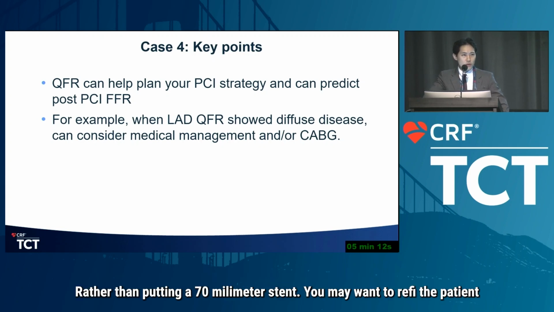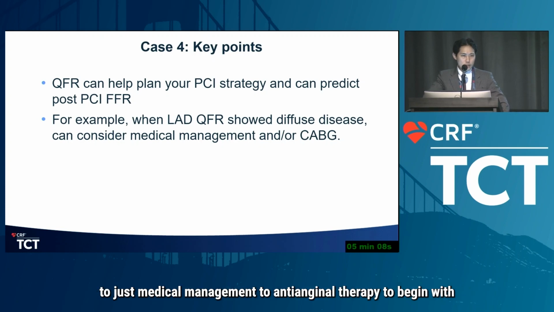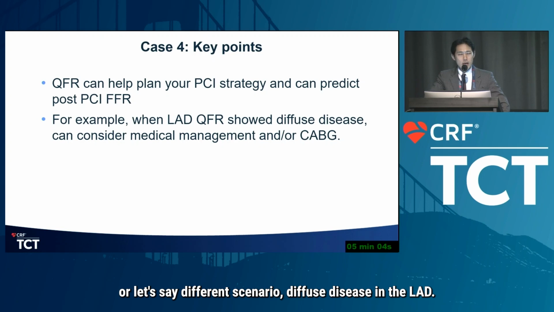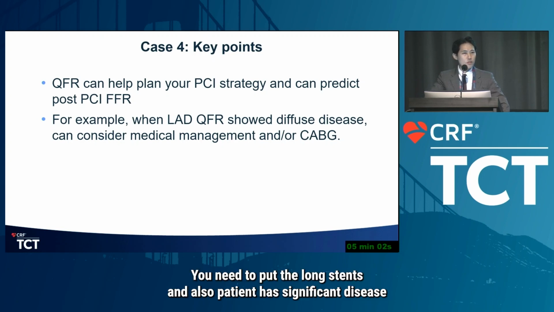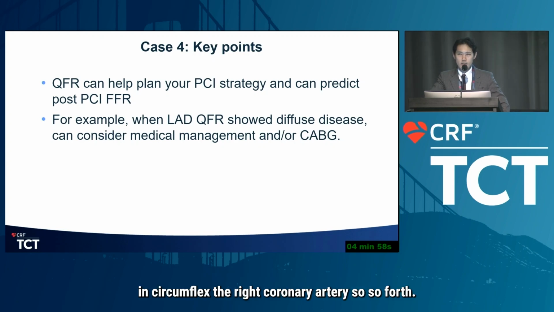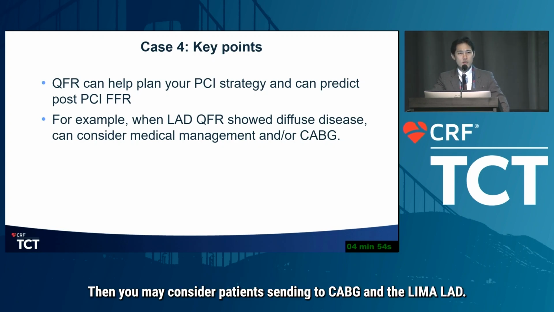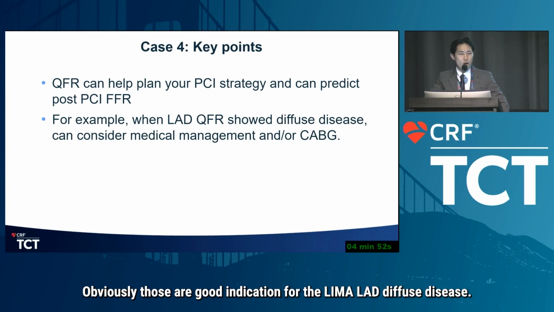Rather than putting a 70mm stent, you may want to refer the patient to just medical management, anti-angina therapy to begin with. Or let's say a different scenario: diffuse disease in the LAD, you need to put a long stent, and the patient also has significant disease in the circumflex, the right coronary artery, and so on and so forth. Then you may consider sending the patient to CABG and the LIMA to LAD. Obviously, those are good indications for the LIMA to LAD, diffuse disease.